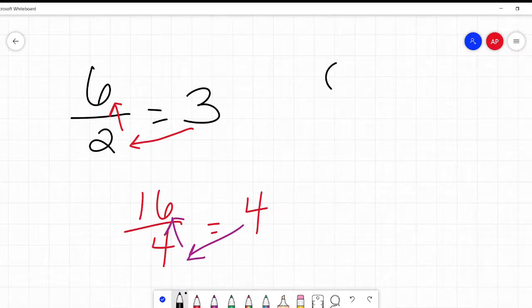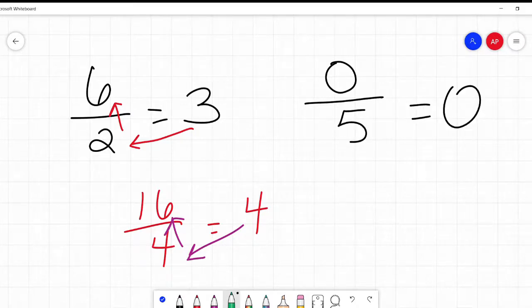And if the 0 is on top, if I'm dividing something into 0, this works fine. 0 divided by 5 is 0 because we can go back. 0 times 5 is 0.